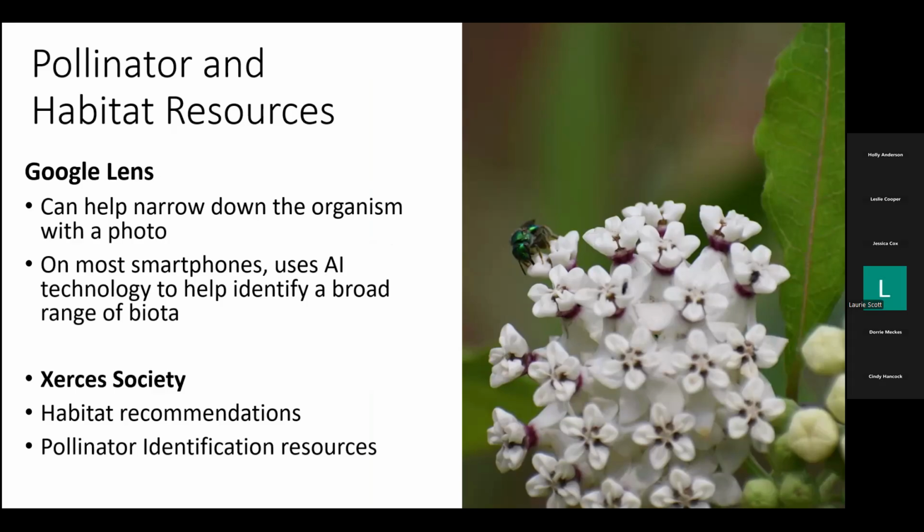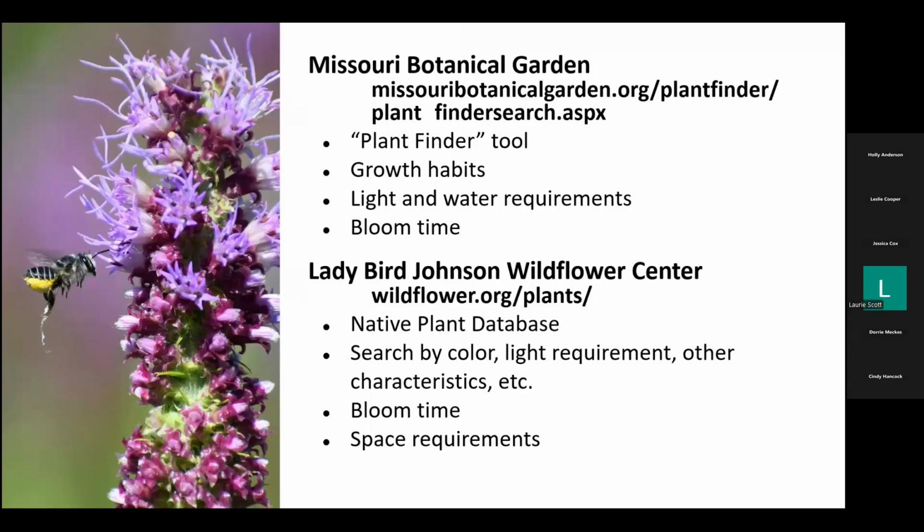Today, we also had the Xerces Society mentioned as a resource. Missouri Botanical Gardens is a great resource, as well as Lady Bird Johnson. They're very similar in the way that they work. They're laid out slightly differently, but they both have really, really good information and then also good pictures of what those native plants might look like.